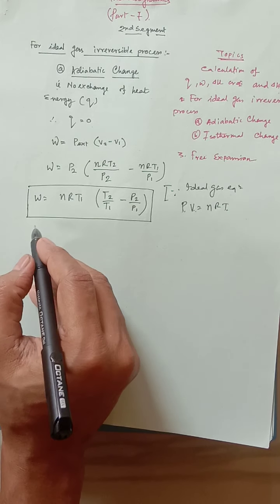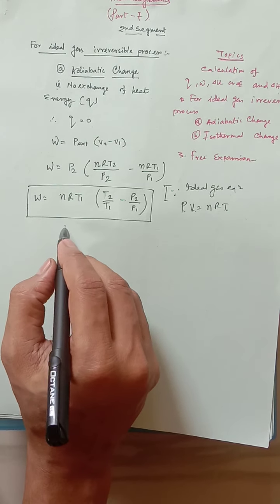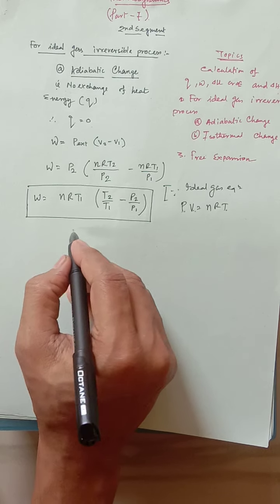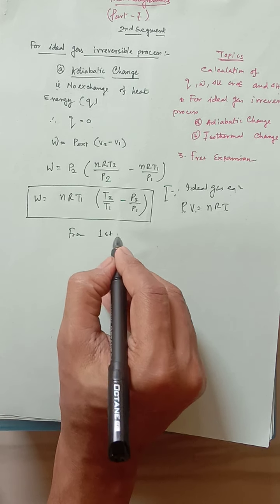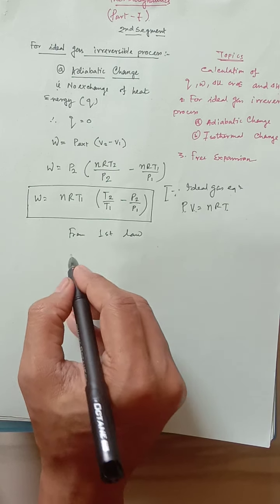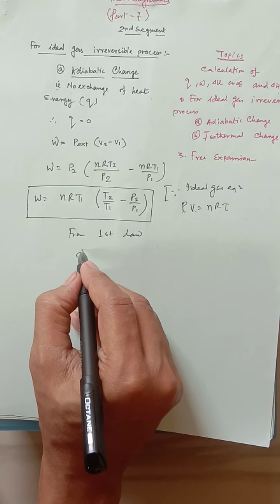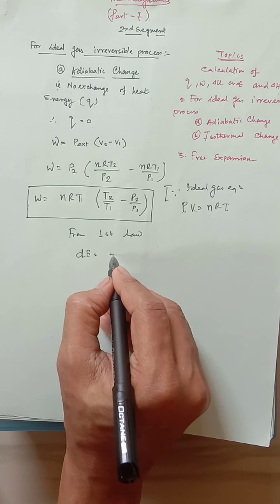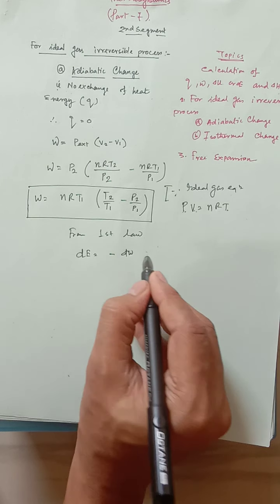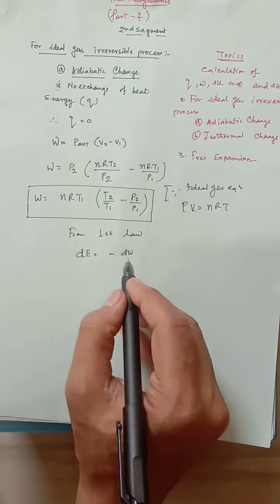Now from the first law of thermodynamics, we can write dE equal to minus dW or W, whatever, since q equals 0 over here.